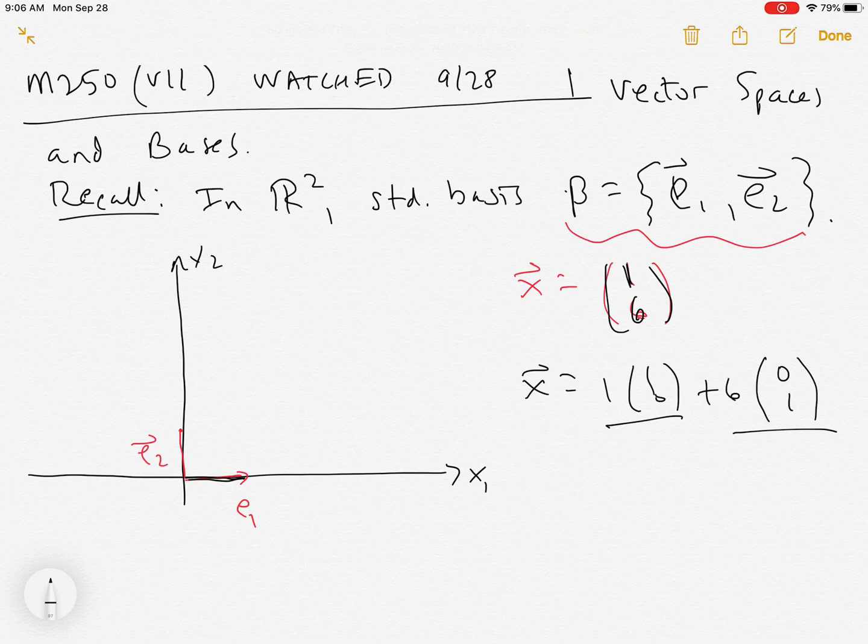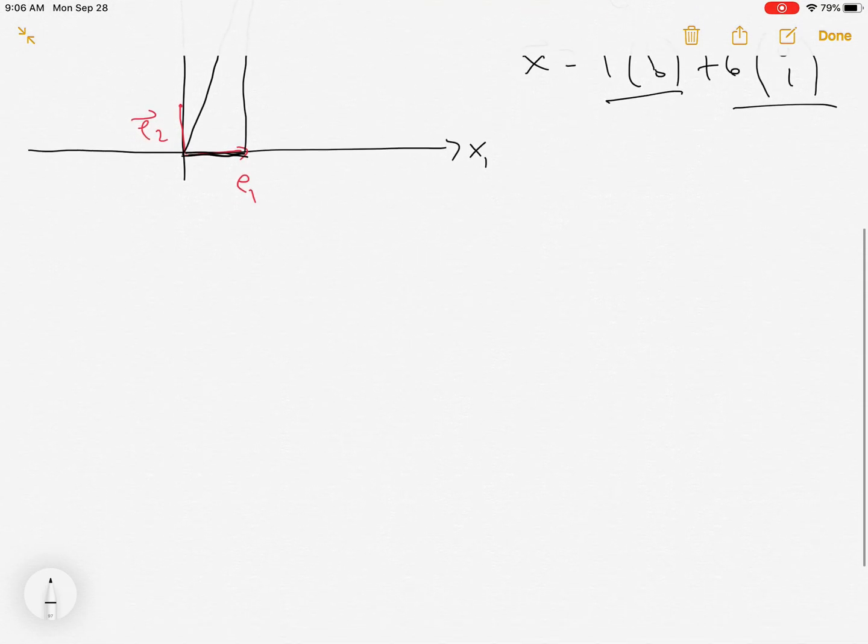So we go over this way 1 and up this way 6, and we get the vector 1 comma 6.